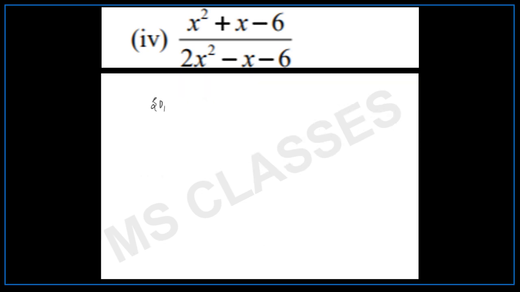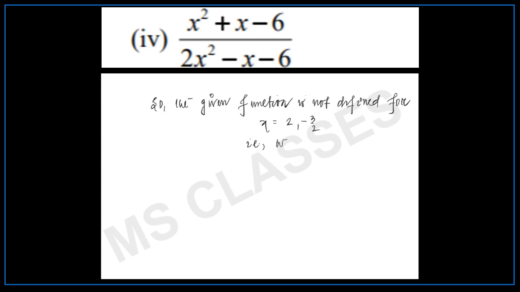So the given function is not defined for x equal to 2, minus 3 by 2. That is, when x belongs to the set containing minus 3 by 2, 2.